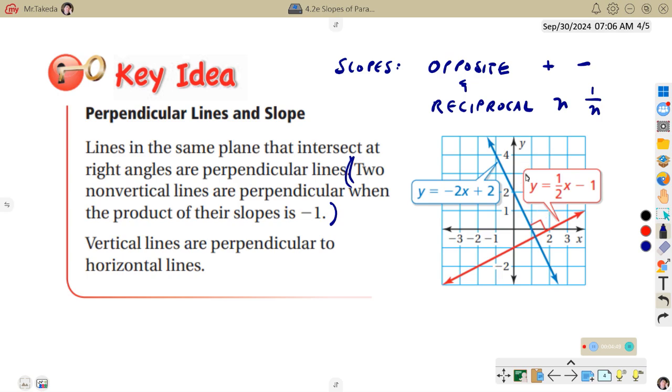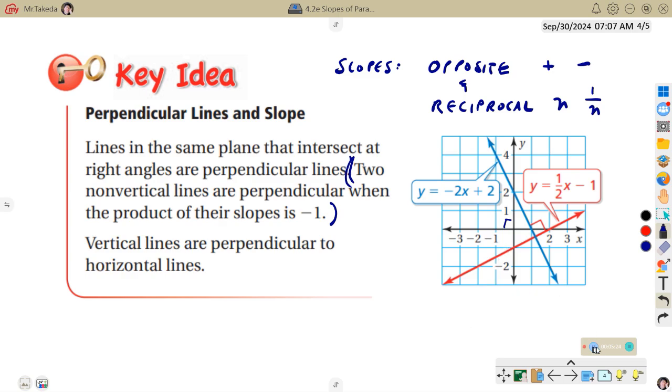And reciprocal means if I turn a whole number into a fraction and flip it upside down, or if the slope was already fractional, turn it upside down, because if I multiply those together, I'm going to get 1. Vertical lines are perpendicular to horizontal lines. Vertical lines have no slope, and horizontal lines have a slope of 0, so we really can't do this to them. But vertical and horizontal lines are perpendicular, just like the x and y axes.